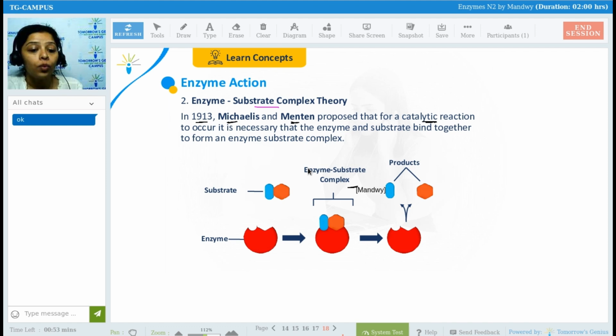Then only this complex will accelerate the reaction and help to make a product. If enzyme does not bind to the substrate, they will not form the product. Clear?